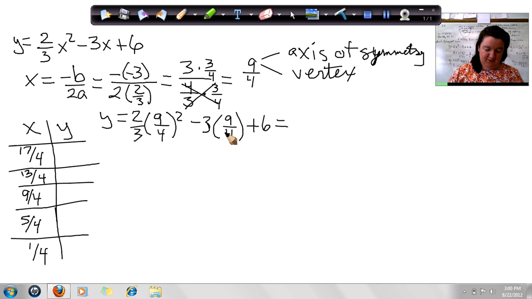So we have 2 divided by 3 times 9 divided by 4, and we're squaring that, minus 3 times 9 divided by 4 plus 6.